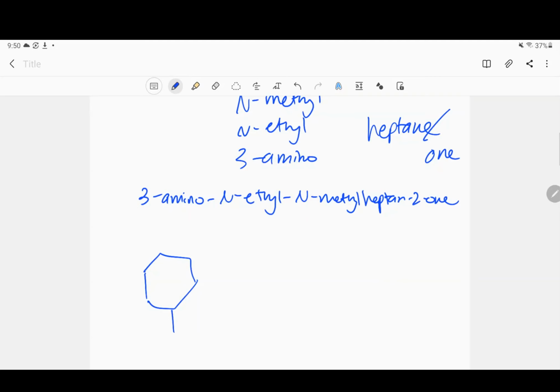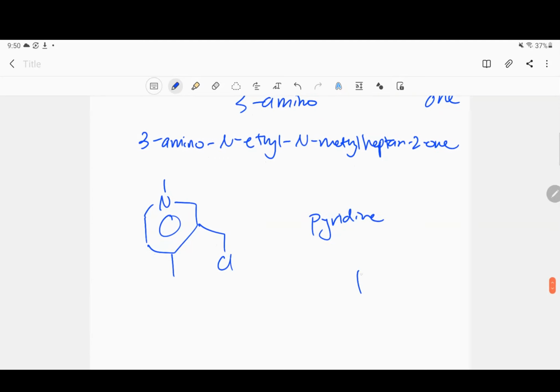Methyl. Okay, so the parent name is pyridine because it's a heterocycle, and those have standard names. So that's pyridine. That takes care of all of that. So we just have to put all the substituents on there.